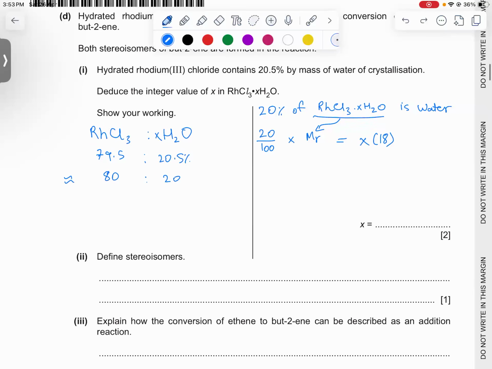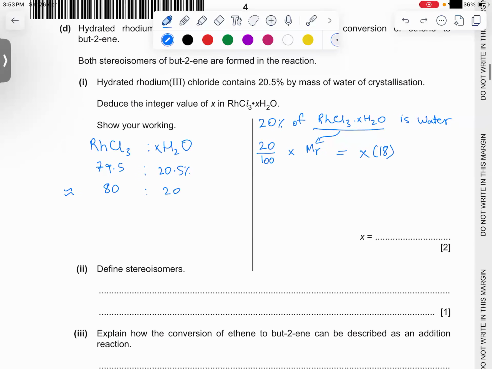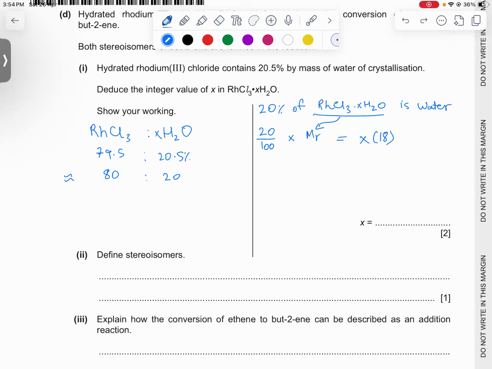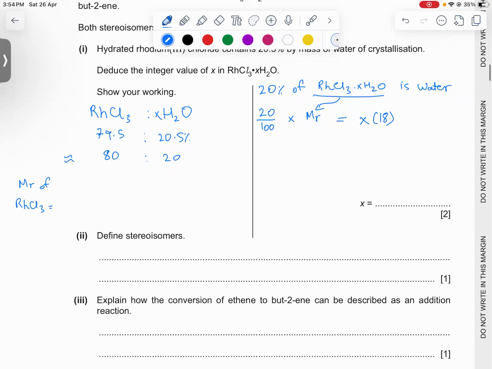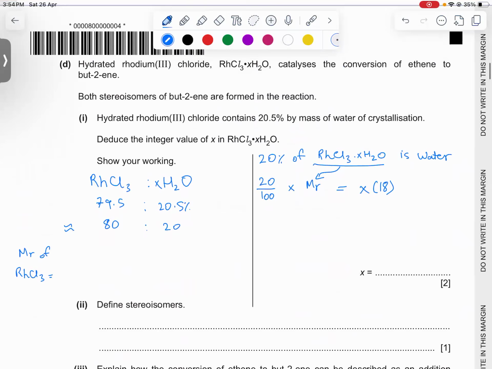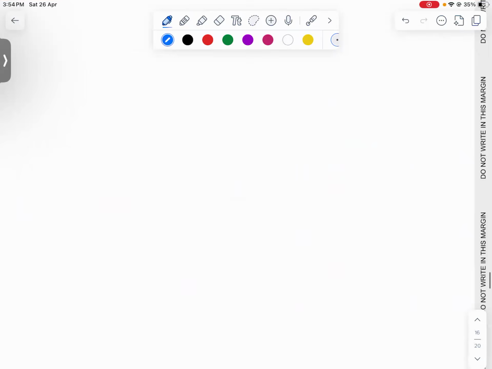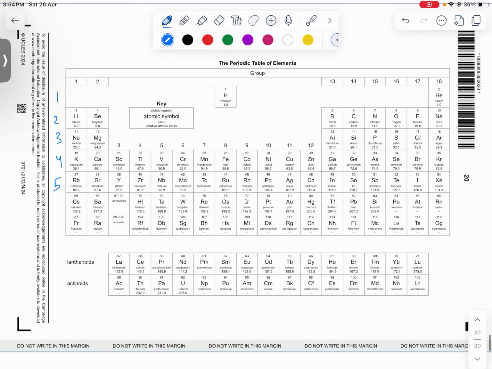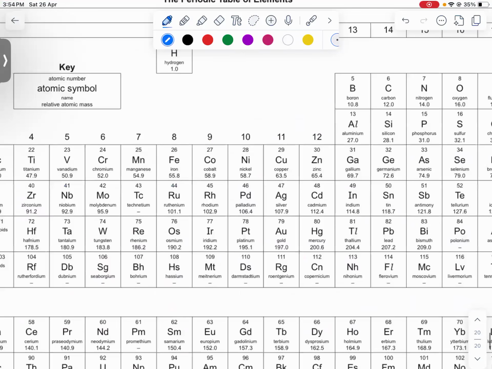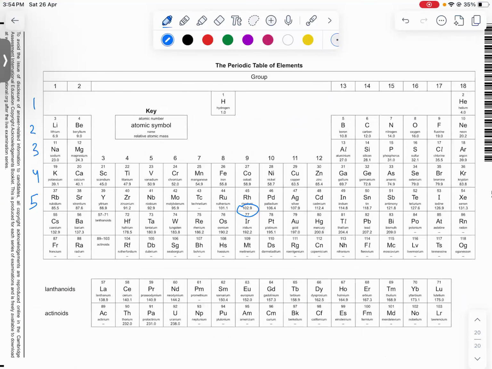All right. So we can say that whatever the mass of RhCl3 is 80%, and whatever the mass of xH2O is 20%. So what is the Mr of RhCl3? How can we calculate that? We can find that out by looking at the periodic table. Rh is in the fifth period. Rh has a mass of 102.9. For our easiness, we can consider it 103.